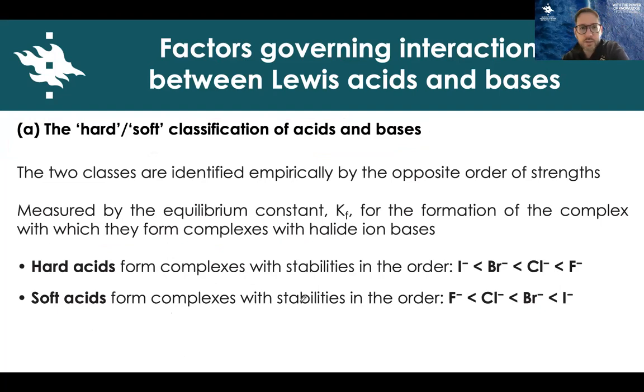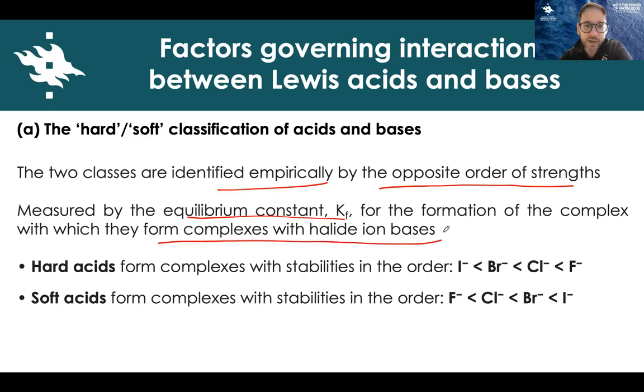So these two classes, hard or soft acids or bases, were identified empirically by the opposite order of strengths. So basically, it was measured by the equilibrium constant for the formation of a complex with halide ion bases.